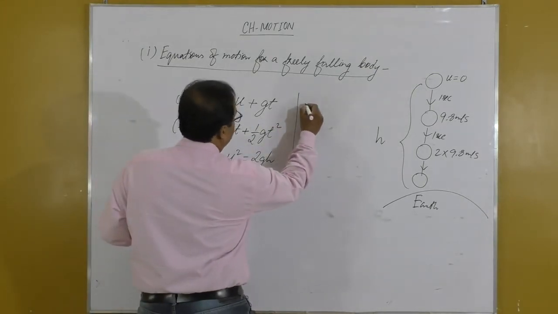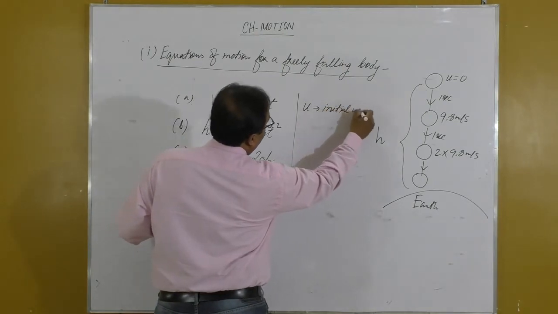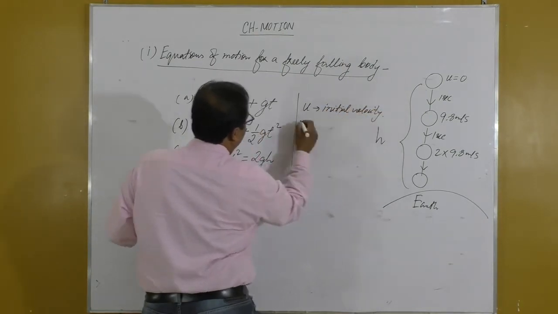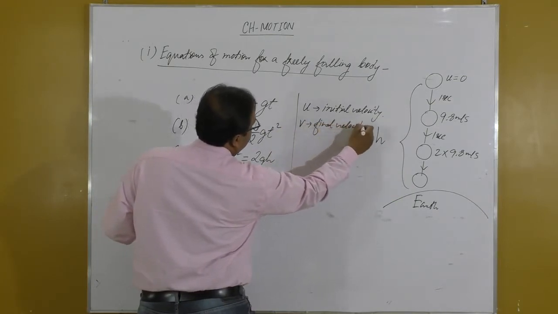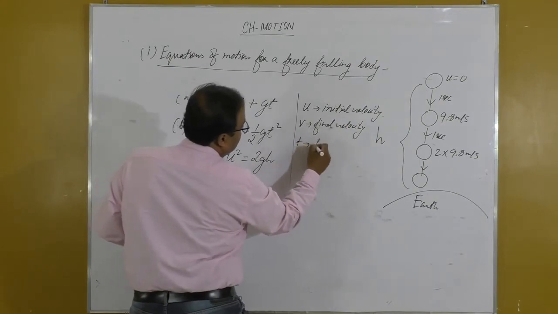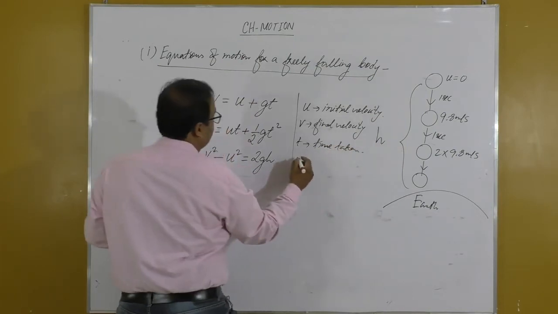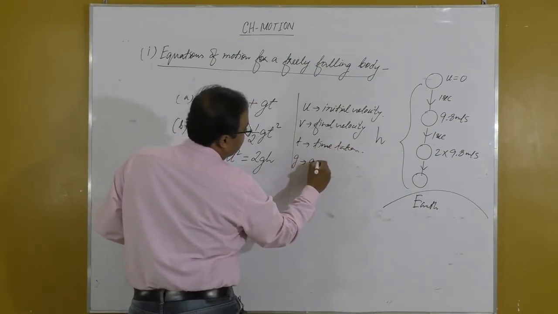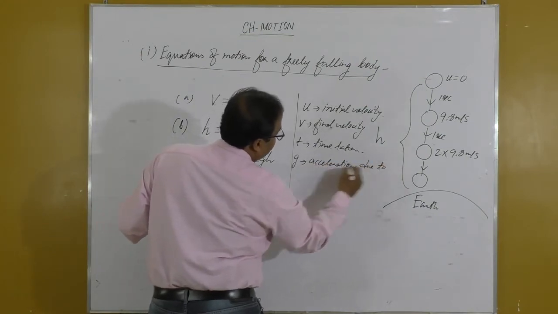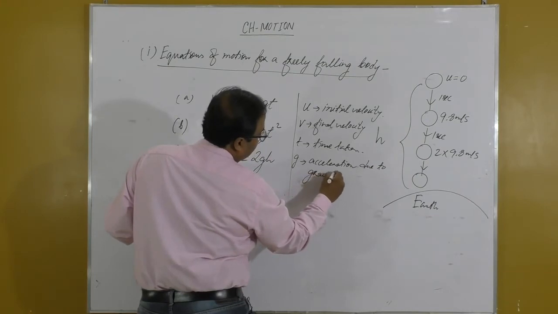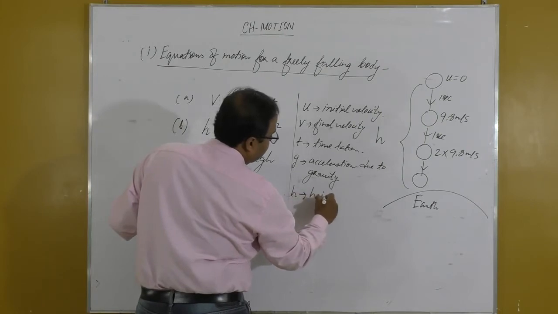तो इन तीनों इक्वेशन को आप लोगों को लिखना है और इनका सिंबल क्या मीनिंग रिप्रेजेंट करते हैं, यू हैव टू नोट इट डाउन. u is initial velocity, v is final velocity, t is the time taken, small g represents acceleration due to gravity, then h represents height.